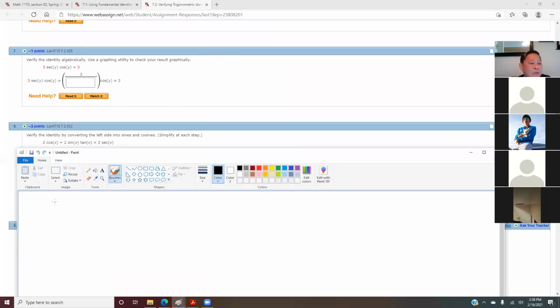You will say, I want you to prove 2 cosine x plus 2 sine x tangent x equals 2 secant x. That's it. There is nothing like all these blank spots here.